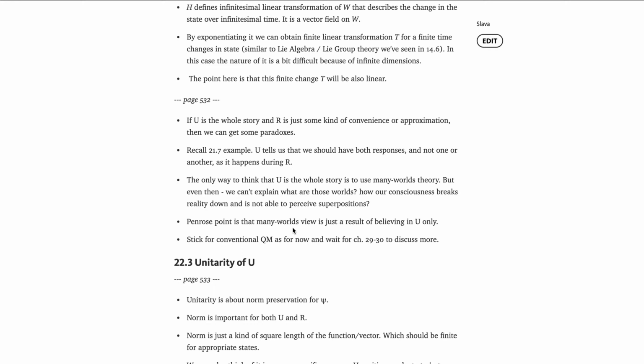He finishes this subchapter with a paragraph motivating us to stick with conventional quantum mechanics for now and wait for the next chapters, 29 and 30, to discuss more about the philosophy and deep insights of quantum mechanics theory.